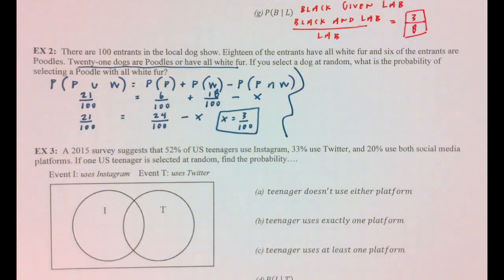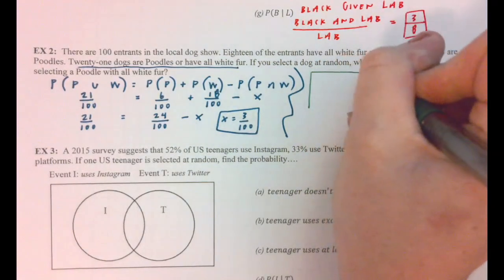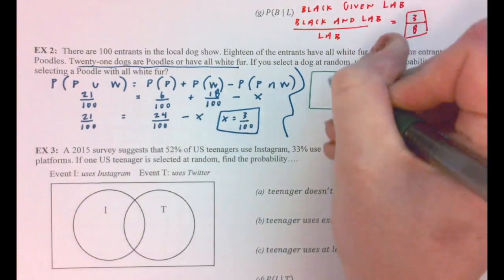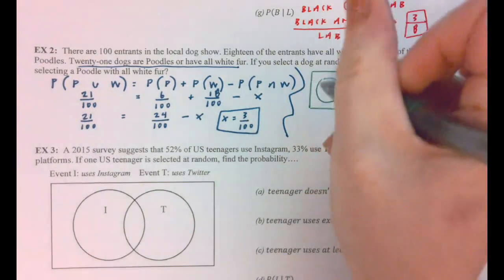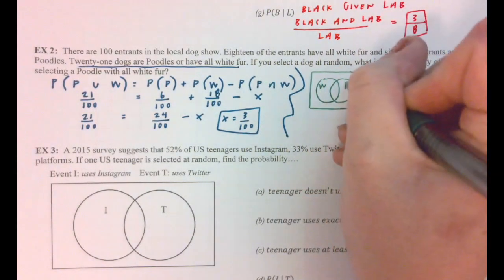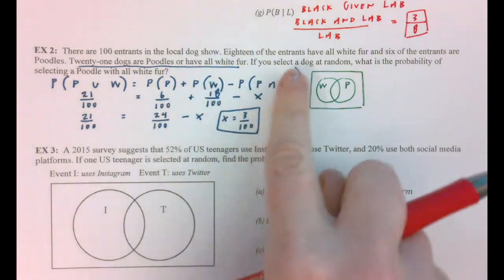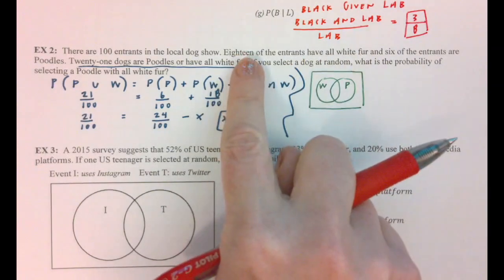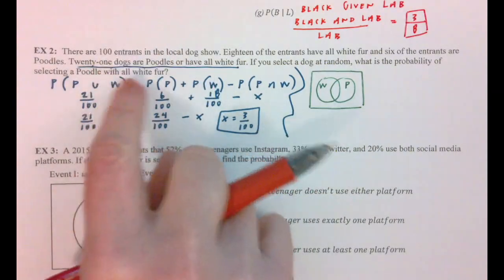Now the other way that we could do it is we could visualize it as a Venn diagram. Okay, so here are my white dogs, here are my poodles. And we know that we have 100 total. And we know that here the white dogs, we have 18, 6 are poodles, 21 is the or.